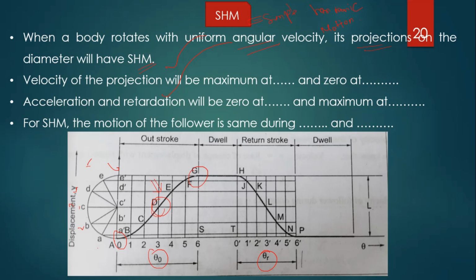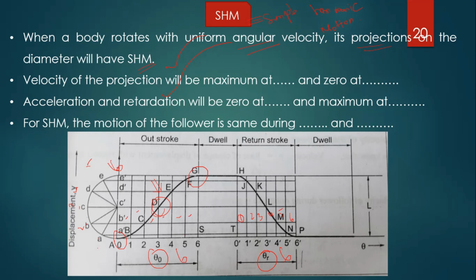Here we divided into 6, then we should divide this outstroke and return stroke into 6 parts. See, for example, here A, B, C, D, E, F, that is 6 segments, 1, 2, 3, 4, 5, 6. Similar to that, here 1, 2, 3, 4, 5, 6 segments are there, right?